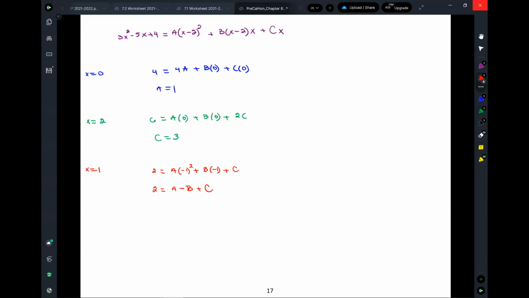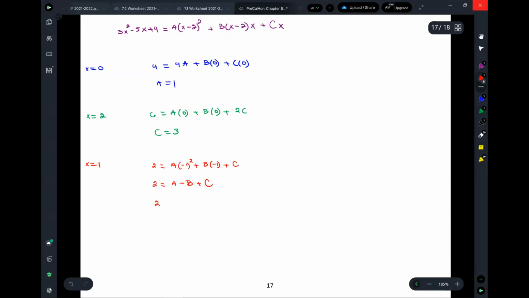Because if you plugged in random numbers for each of them, then you would have gotten 3 equations and 3 unknowns, and you would have solved it using a matrix. But we're not going to do that. It's not necessary. But here, we know what A and C are, right? You just plug them in. So B is equal to 2.